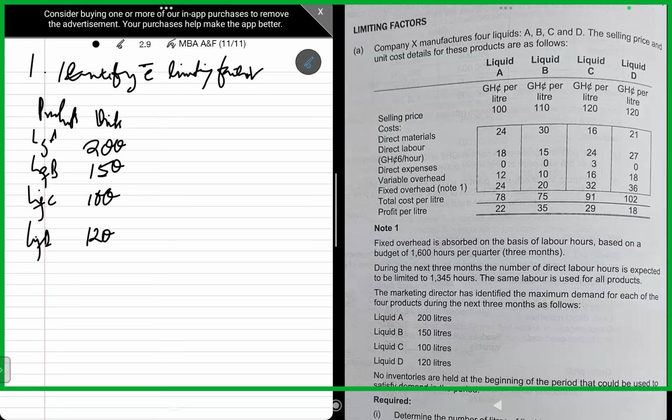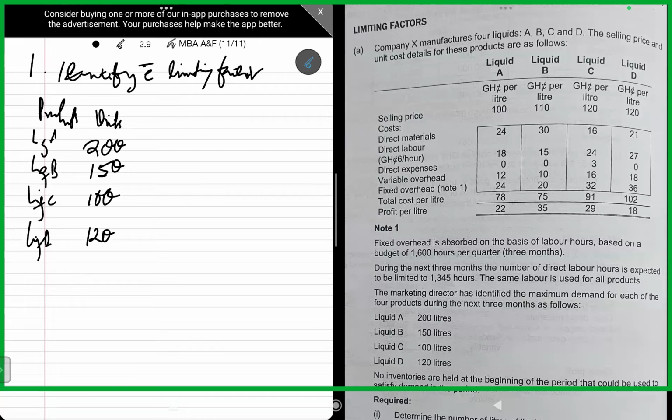So since what we have is less, we have to make use of what we have, then we'll share these hours to the production. That's what we are basically trying to do.